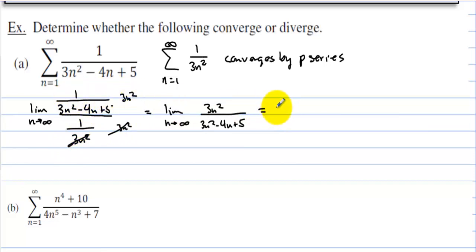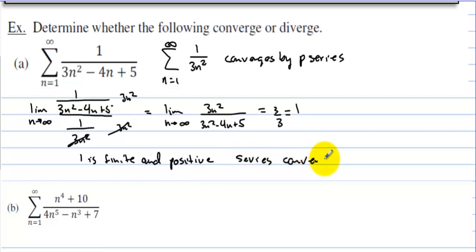This is equal to 3 over 3, which is 1. And 1, we say 1 is finite and a positive value, so positive. So the series converges by the limit comparison test.